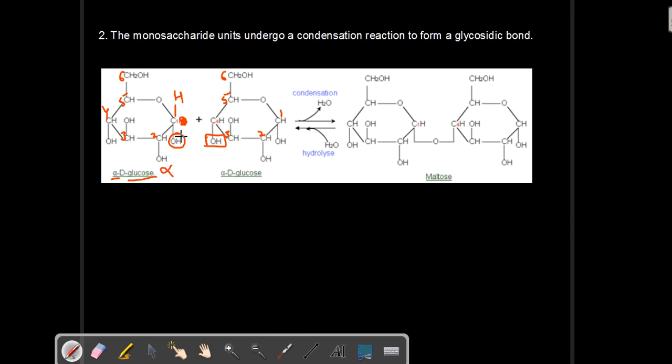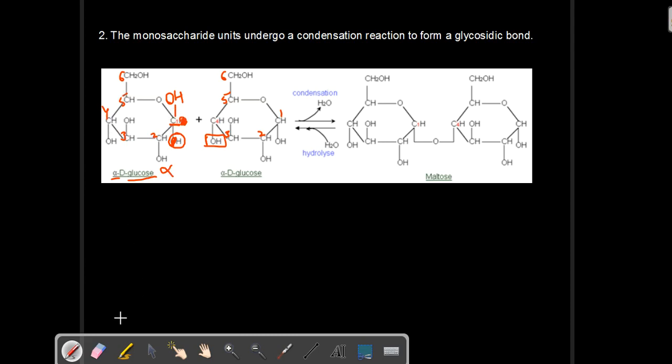If this was to be beta glucose, then this OH would be to the top, and at the bottom you will have the hydrogen atom attached to the carbon position 1. The most important thing is we only define alpha and beta monosaccharides on the basis of position of hydrogen and hydroxyl group with reference to carbon 1, the first carbon, not with respect to 4th, 3rd, 2nd, 5th or 6th.